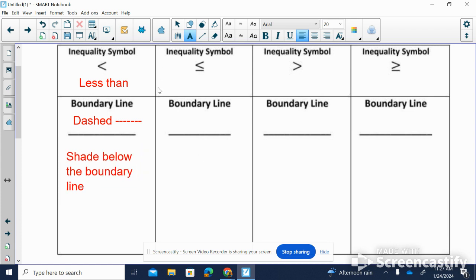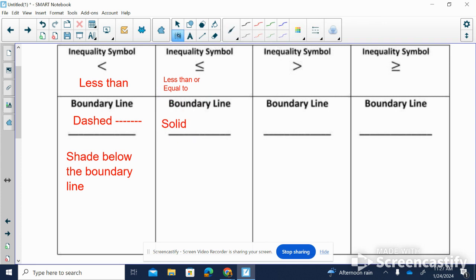Okay. In this next one, it is a less than or equal to. So in this case, our boundary line is going to be a solid line, okay? A solid line that is just a straight line like that.